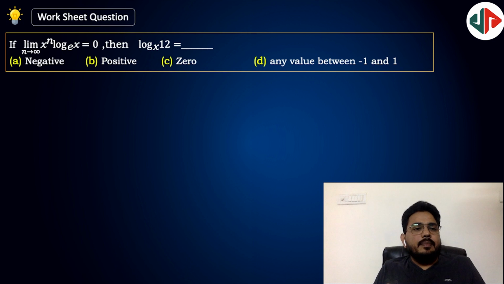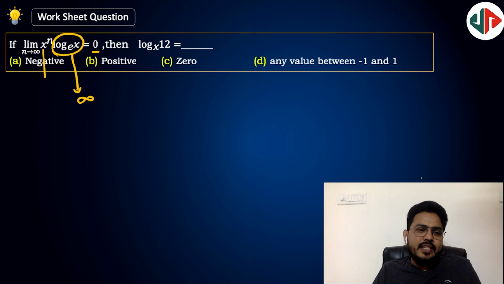Next question, limit n tending to infinity, x power n into log x is equal to 0. So n tending to infinity means log x base e is going to be infinity. Is equal to 0 is there. So this value has to be 0.